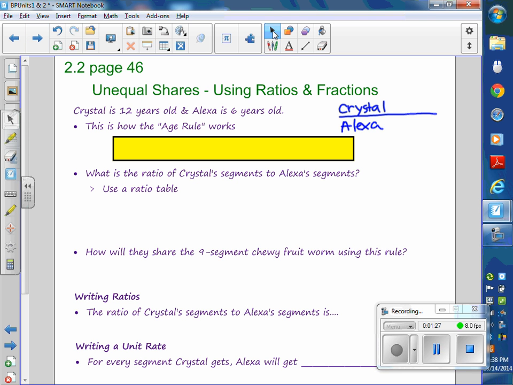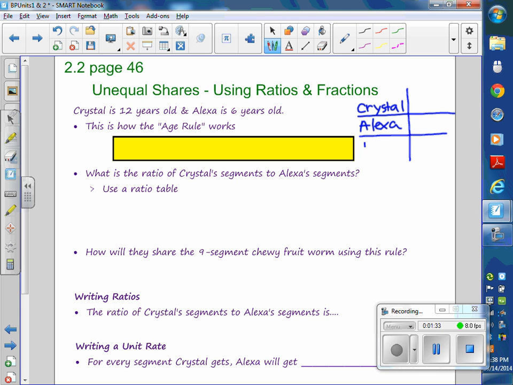And then you might even have a total. So if Crystal is 12 and Alexa is 6, we'd have 18 parts altogether, because 12 plus 6 is 18. So Crystal would get 12 parts and Alexa would get 6 parts.